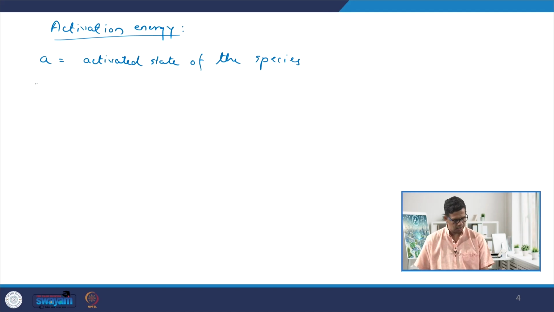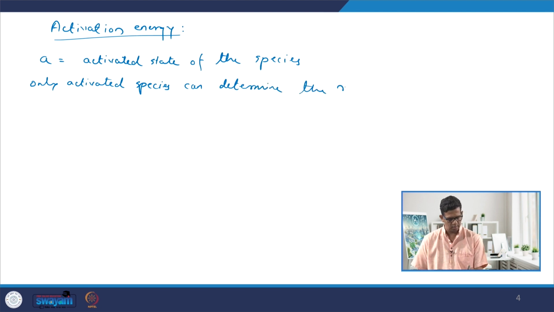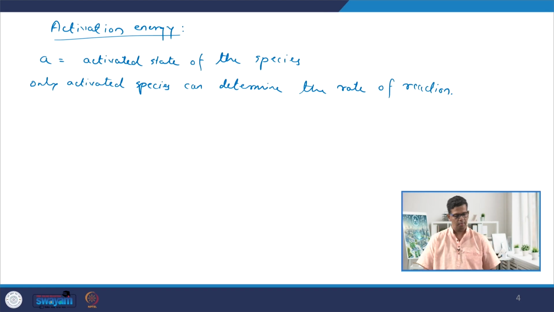We have to understand that only activated species can determine the rate of reaction. In other words, not all species get converted into activated ones. Only those in the activated state can undergo the reaction, and only those species determine the rate of reaction.